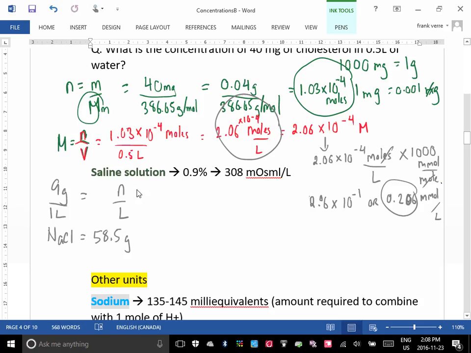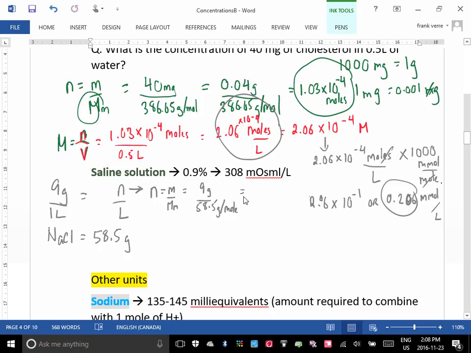So let's figure out how many moles this is. Number of moles is mass over molar mass. So that's going to be 9 grams over 58.5 grams per mole.